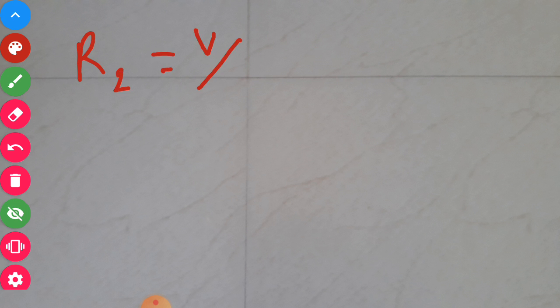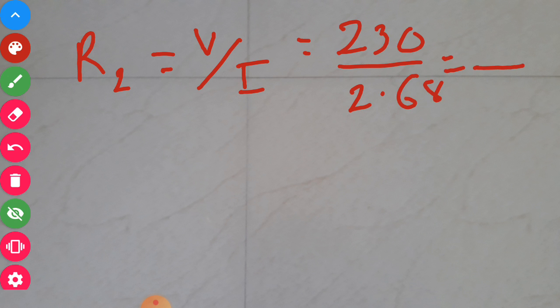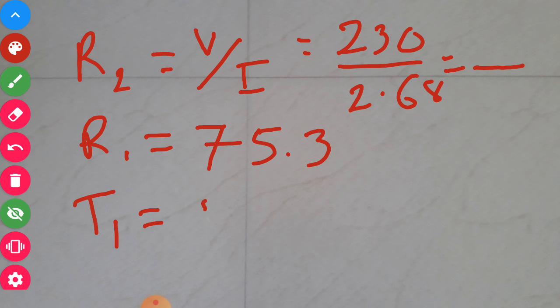R2 is equal to V upon I, and that is nothing but 230 divided by 2.68, that will be your value of R2. Okay, R1, the initial value of resistance is given, what was it? 75.3. Okay, initial temperature is given. Initial temperature is how much? T1 is 27 degrees Celsius.